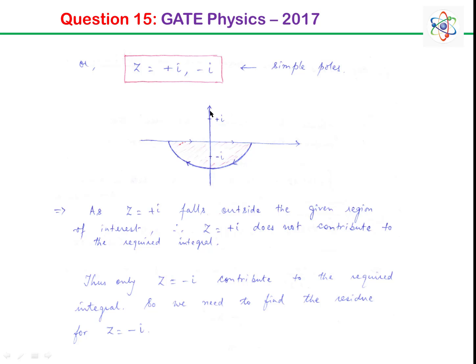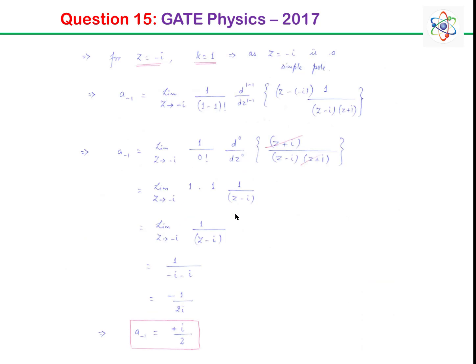Therefore plus i will not contribute to the required integral. So the only pole that will contribute is minus i, and we have to find the residue for z equals minus i.